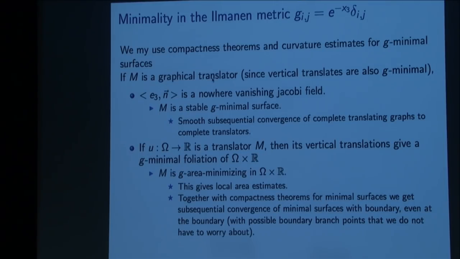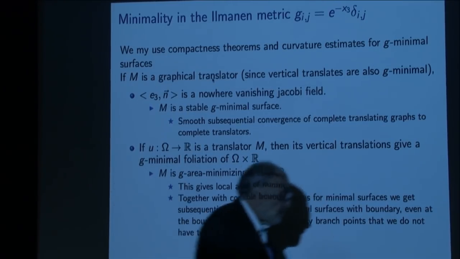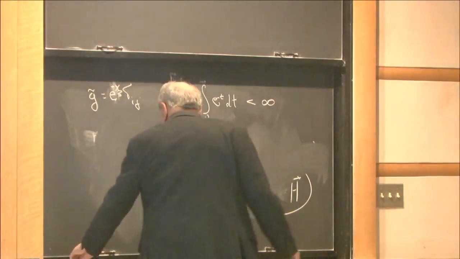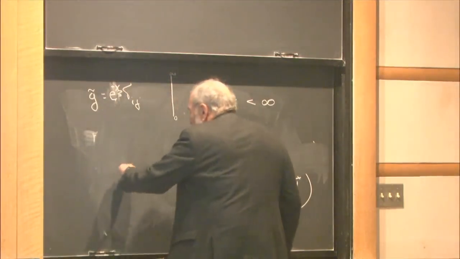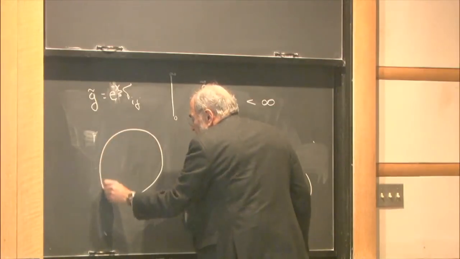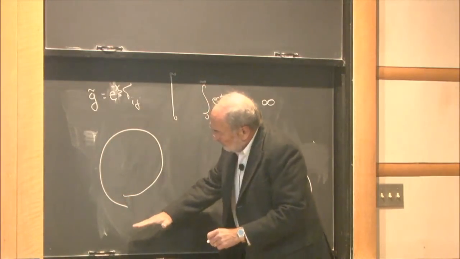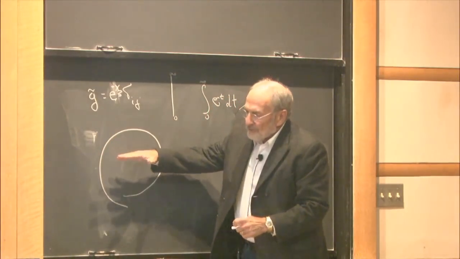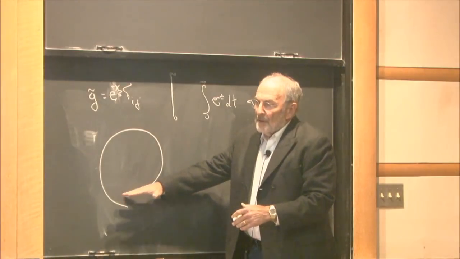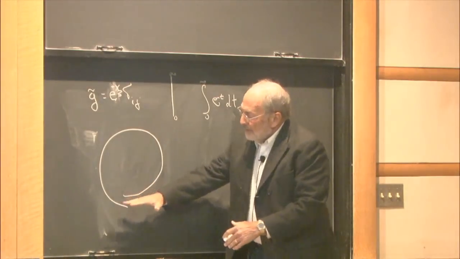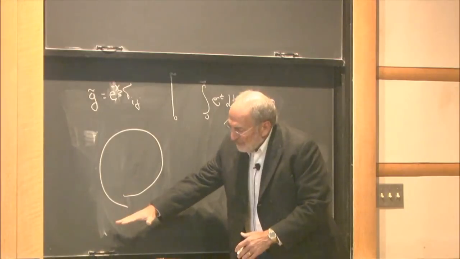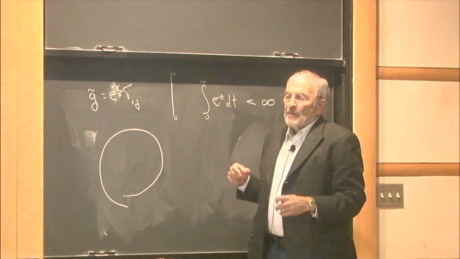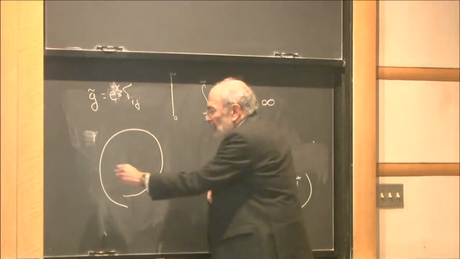So M is in fact G area minimizing, and this gives local area estimates. Let me show you how that gives local area estimates. Okay. So I take some set here. There's all these surfaces moving up. So you take the domain of the graph, and then that domain cross R is foliated by these G minimal surfaces. Take one.